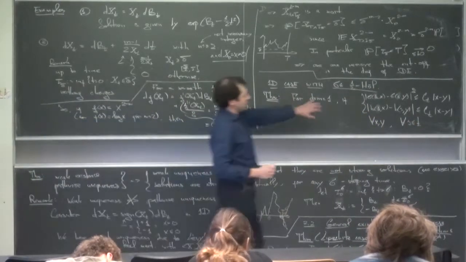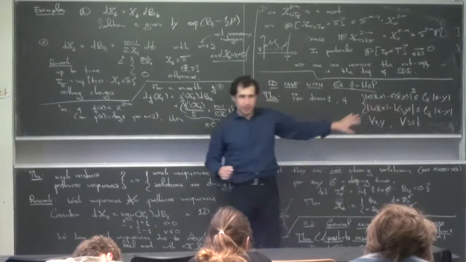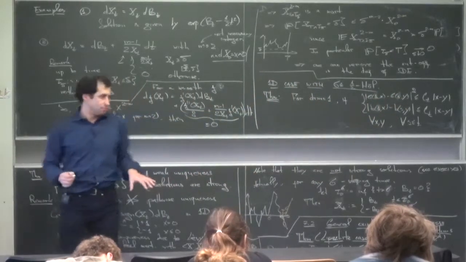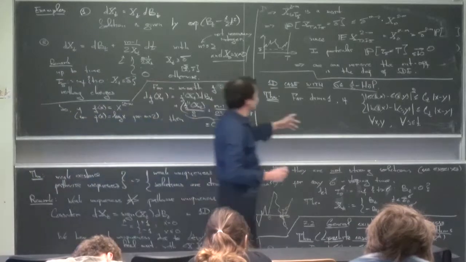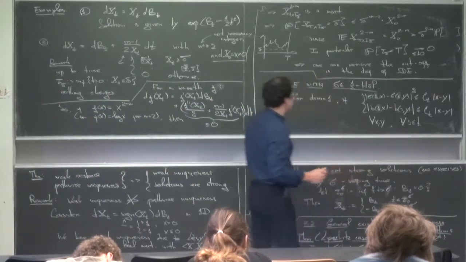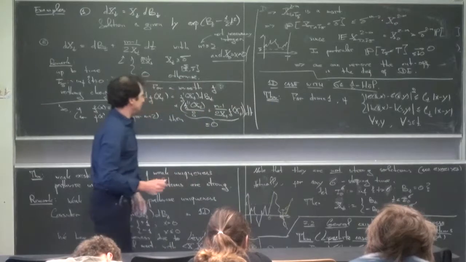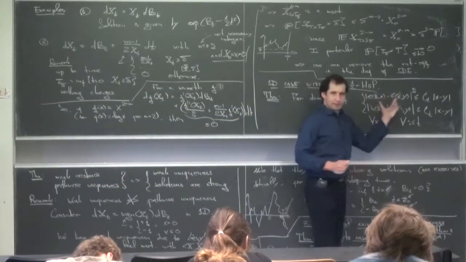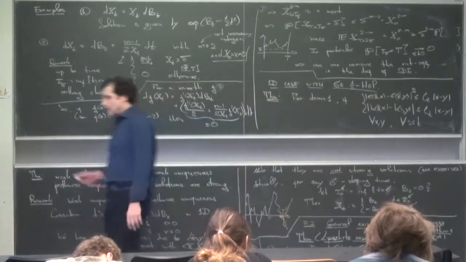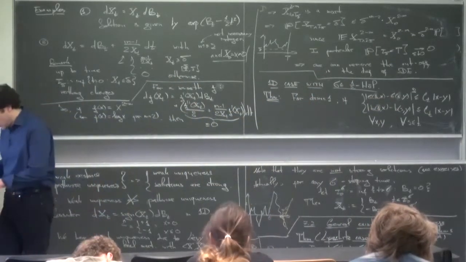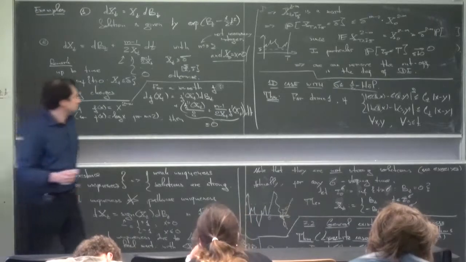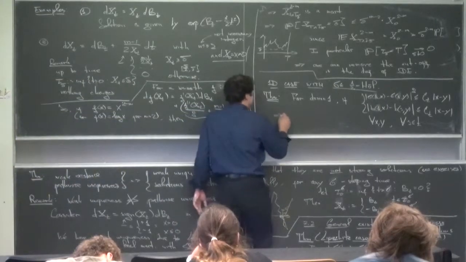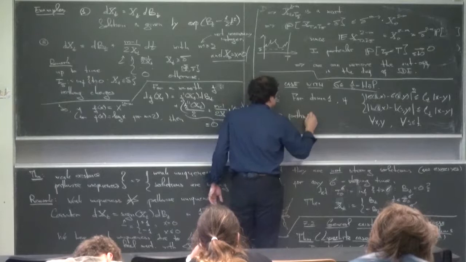I do not assume any continuity in time now. What I assume is that they are Lipschitz, and also that they are bounded in time in the first variable. So if I have all that, then we have uniqueness.